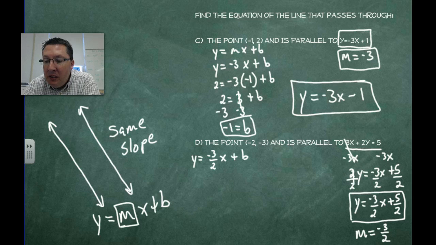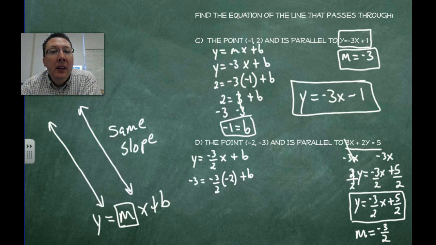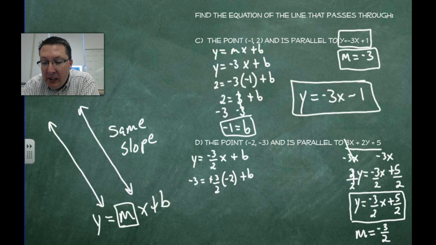To find that b, I'm going to take the ordered pair, -2, -3, and plug that in. The y value is -3 equals -3/2 times x, which is -2, plus b. Now we solve for b. The first thing I notice, -3/2 times -2: those negative times negative will cancel.